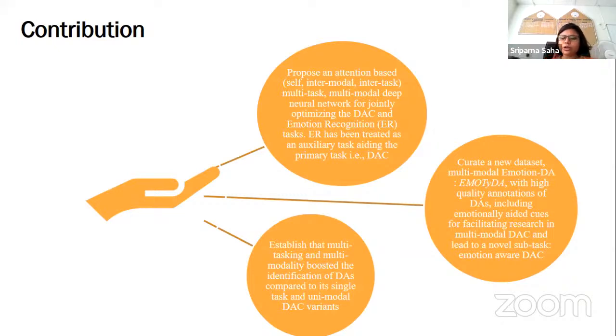This EMOTyDA data set has high quality annotations of dialogue acts, including emotionally aided cues for facilitating research in multimodal DAC and leading to a novel subtask, emotion-aware DAC. So we have the task of dialogue act classification, and here we are using emotion recognition as the auxiliary task, and we are using three modalities: audio, video, and text. And we have shown how multimodality helps in improving the accuracy.